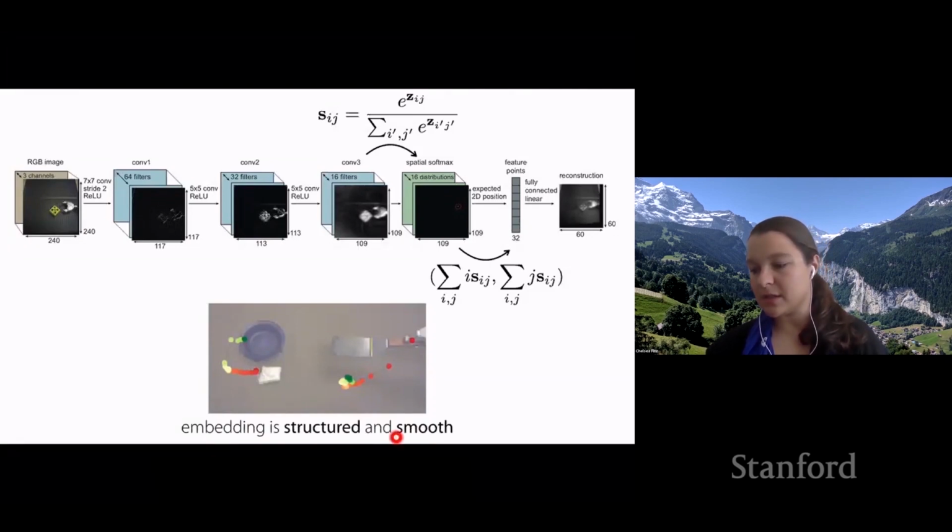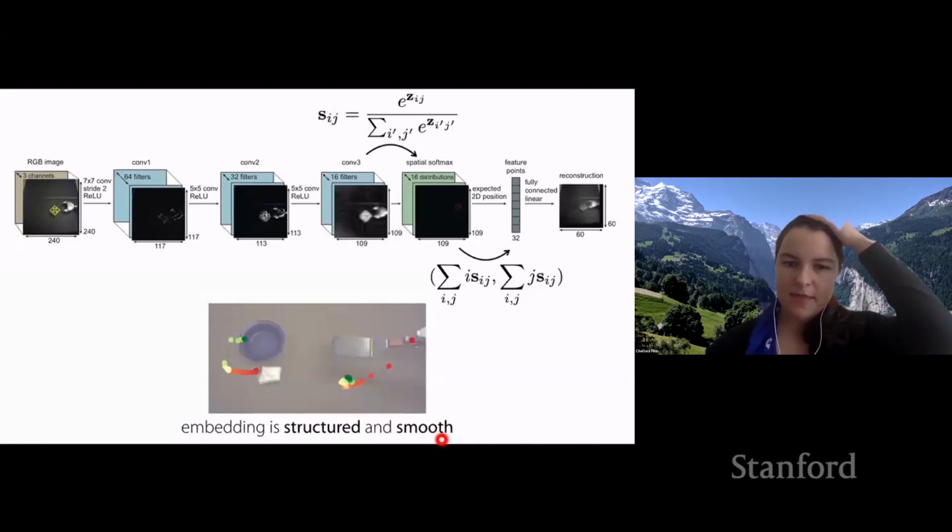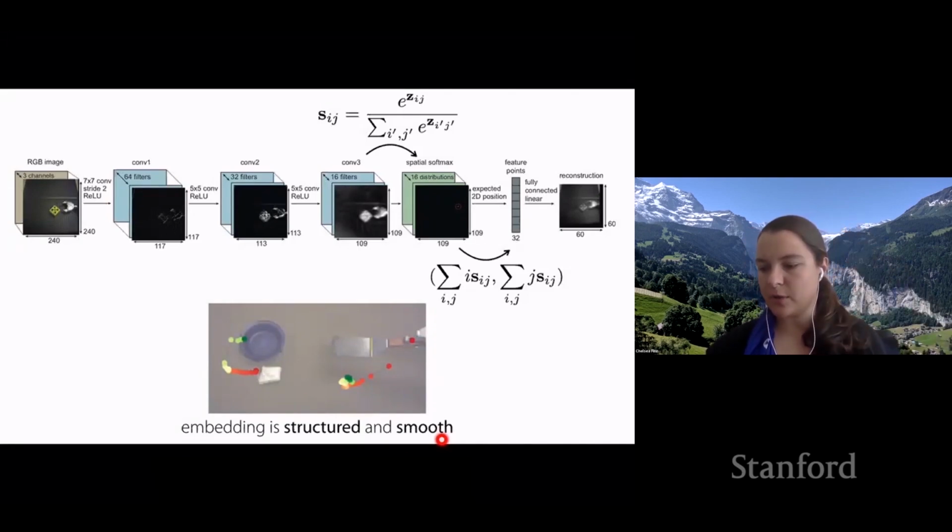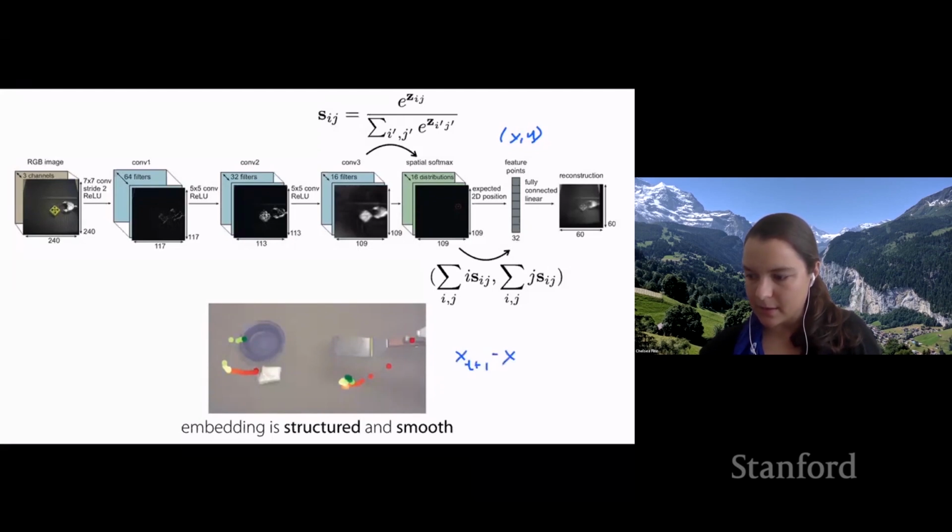I also mentioned that the embedding is smooth, so there's an additional loss on top of this reconstruction loss that penalizes the acceleration of the feature points. Maybe these feature points are indicated by XY. You could have something like this.